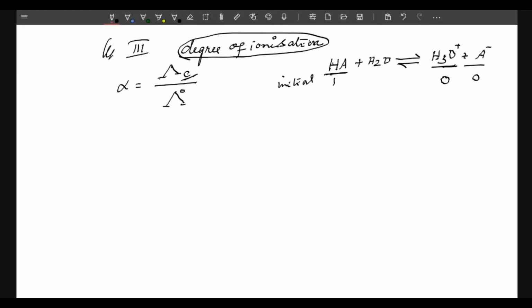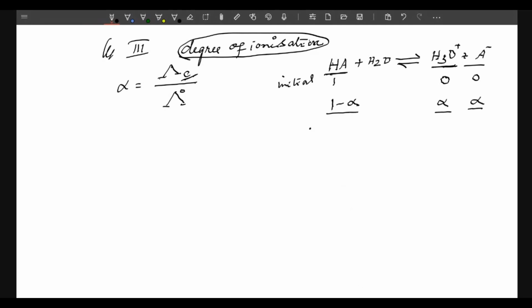Then it is dissolved in water. Ionization takes place to a small extent. Let the degree of ionization be called alpha. Therefore, at equilibrium, how much of the unionized molecule would be there? 1 minus alpha would be there. And how much of the ions? Alpha moles and alpha moles. This is the concentration when we take the initial concentration as 1 mole.